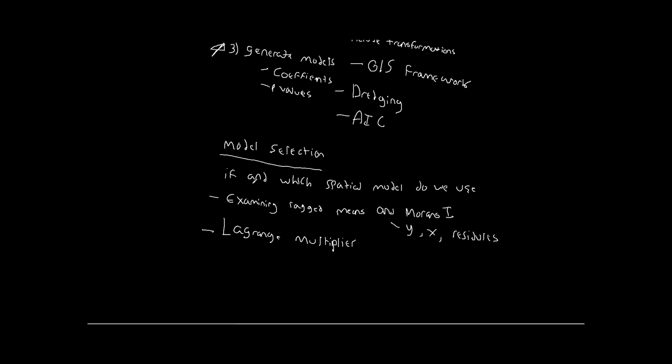So examining lag means and Moran's I of the dependent, independent, and residuals will give us an idea of whether we should use lagged Y, lagged X, or spatial error. But this Lagrange multiplier, like AIC and dredging, is going to be a statistical approach to figuring out whether or not we're right.